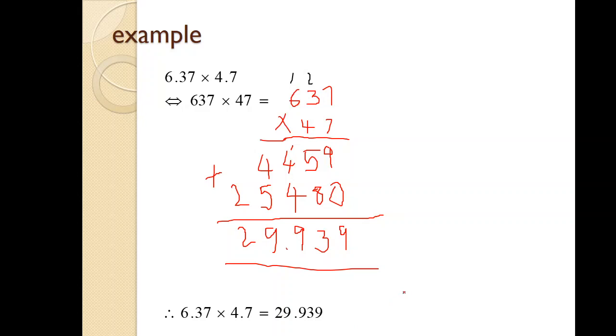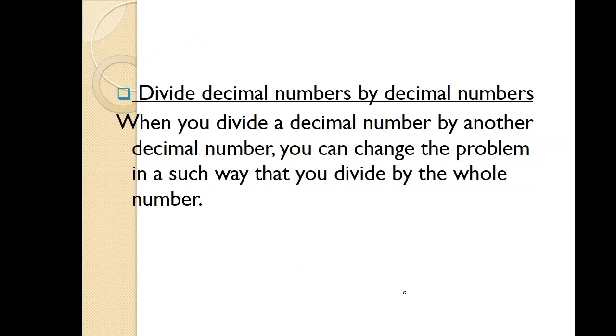Okay, let's move on. Now let's look at division: how to divide decimal numbers by decimal numbers. Again, when you divide a decimal number by another decimal number, you can change the problem in such a way that you divide by a whole number.